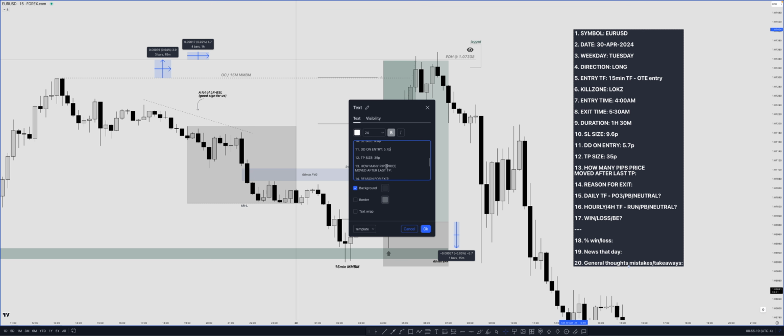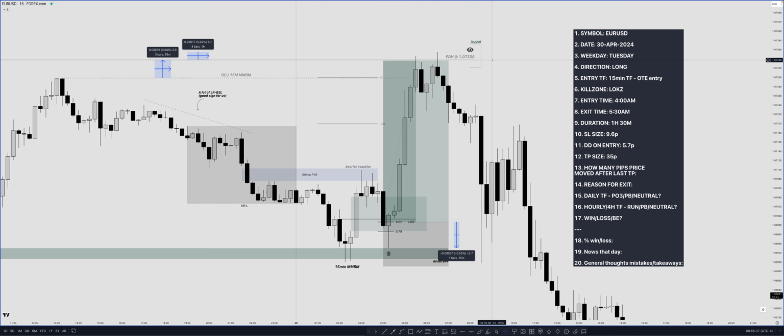Now, when it comes to how many pips price moved after the last take profit, on those real runners, in this case, we can see that all of the targets here have been hit into this 13th point right here. It will simply measure from the last target how many pips price pushed higher, and in this case it's only 1.7.